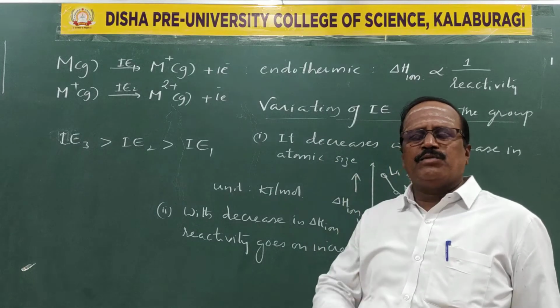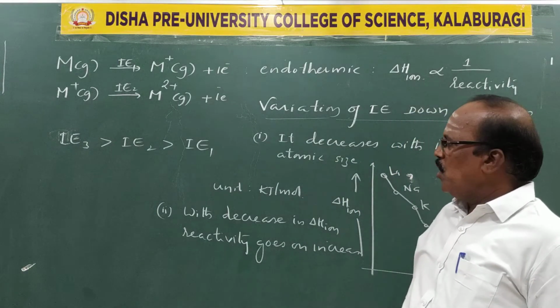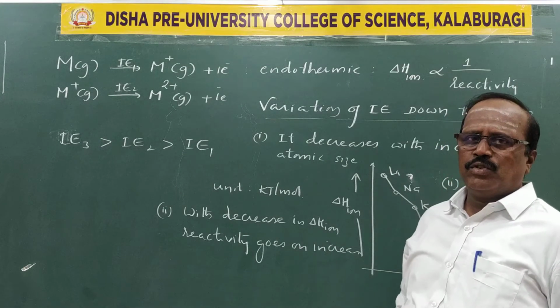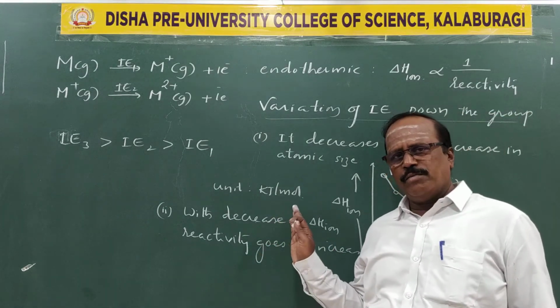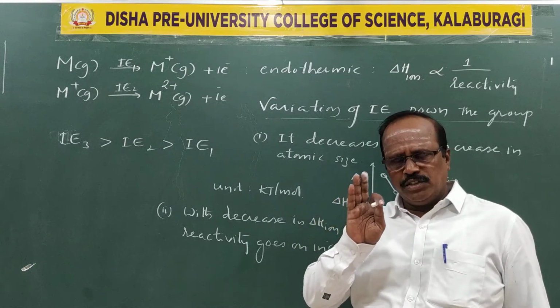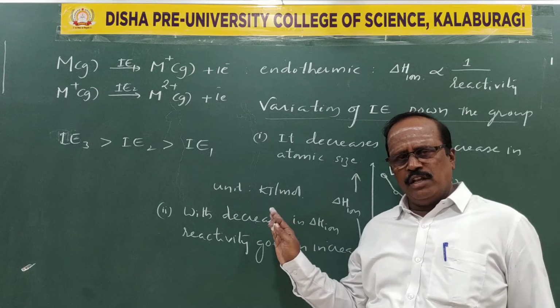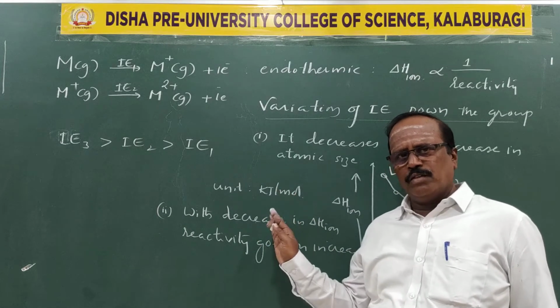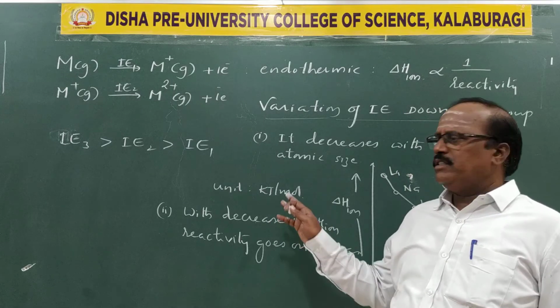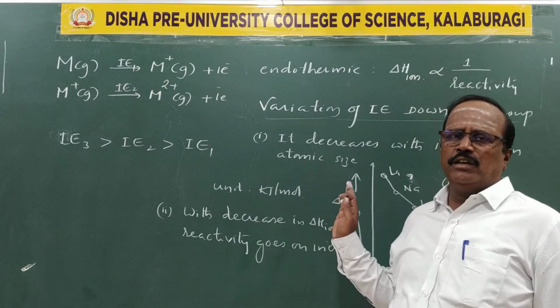For that purpose only they are kept under kerosene or some other organic solvent. So don't get confused. In today's discussion, the first heading was the definition of ionization energy, its unit, and how it varies down the group; we have taken the points and the graphical representation is also given on the board.